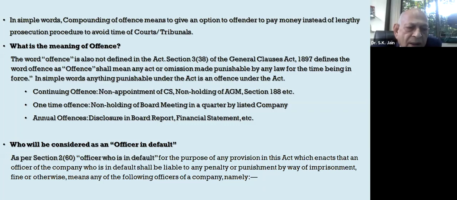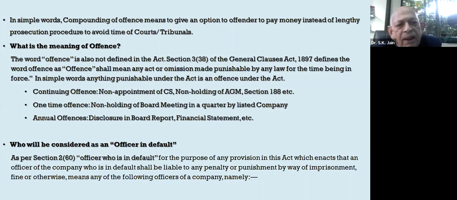One-time offence means, if you have committed an offence, just like you have not held a board meeting in a quarter, then that is not a continuing offence because it is a one-time offence. Now, small companies have to hold only 2 board meetings. Supposing one board meeting has been held and another has not been held.